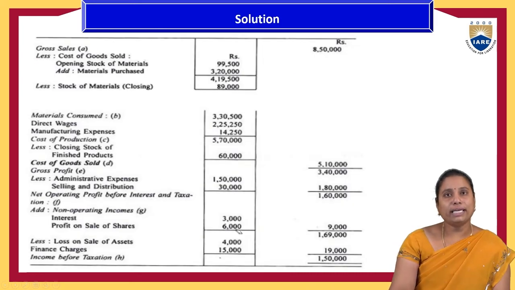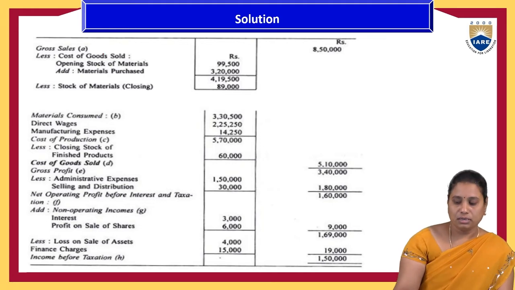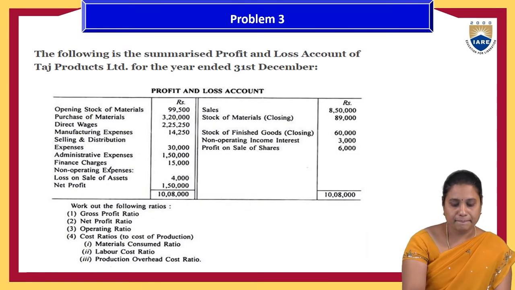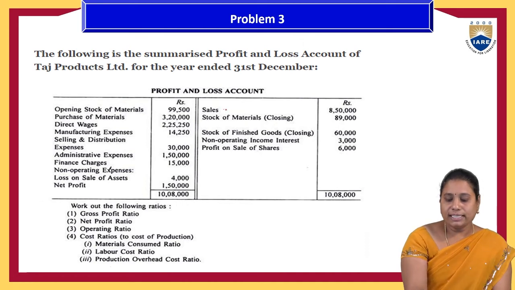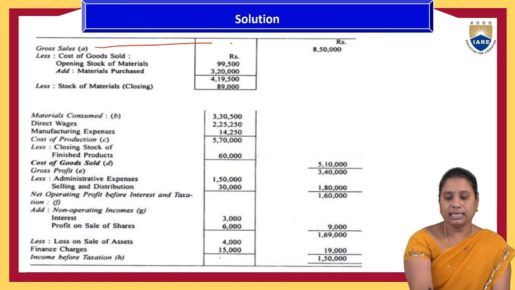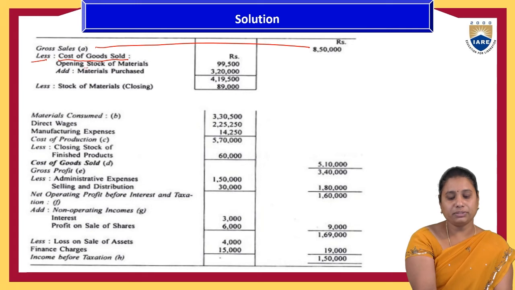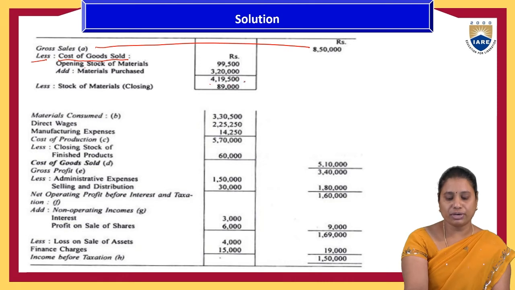So let us see the working notes related to this. The gross sales of the given problem is 8,50,000. Out of this, first we need to subtract the cost of goods sold, that is opening stock of the material plus materials which they have purchased, 3,25,000, total 4,19,500.